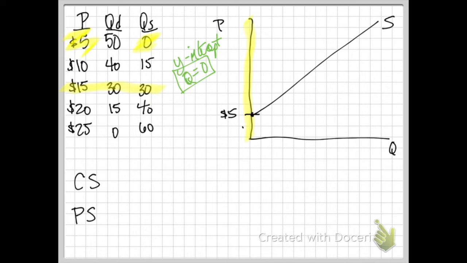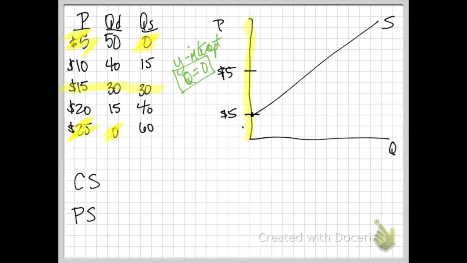And then I'm going to do the same thing. I'm going to look at my second column for quantity demanded, and I find a quantity demanded of 0 occurs at a price of 25. So let me draw a few more things on here. We need equilibrium.